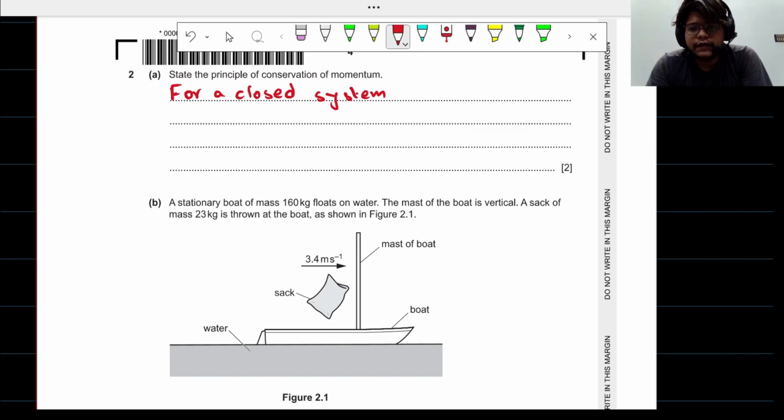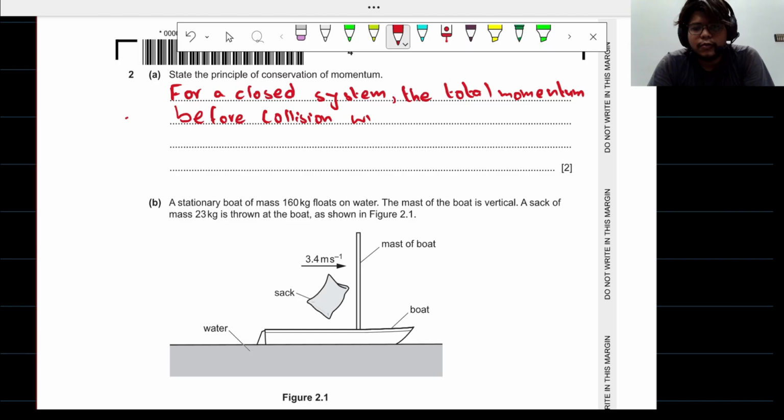So for a closed system, the total momentum before collision will be equal to the total momentum after collision.